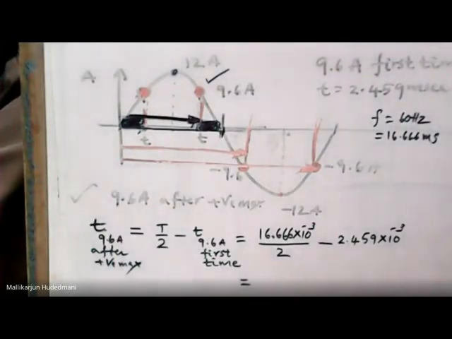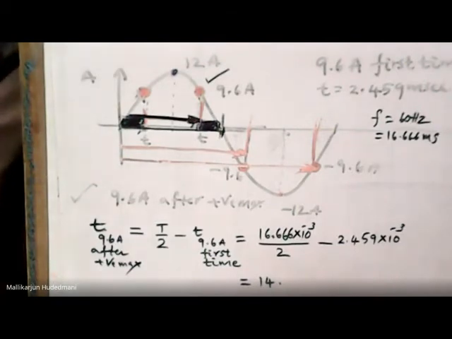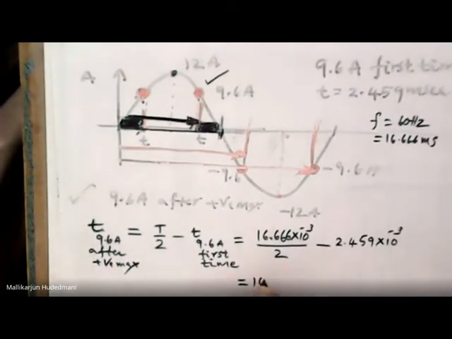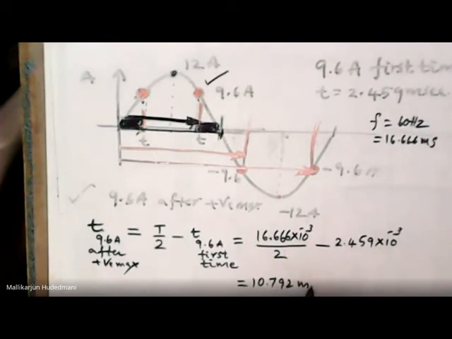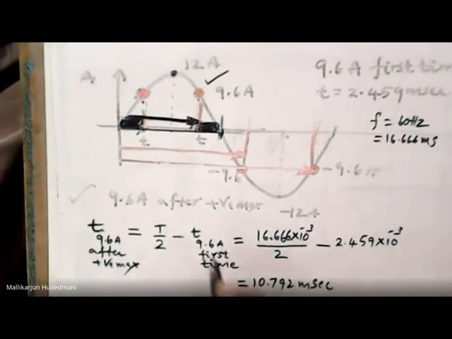So the value of this I have with me. Just a minute, I noted it down. I have the answer: this is 10.792 millisecond. What is this? 10.792 millisecond means this time.